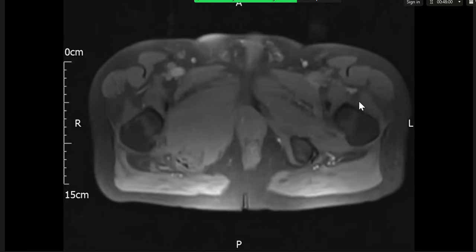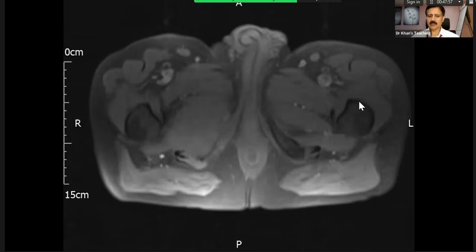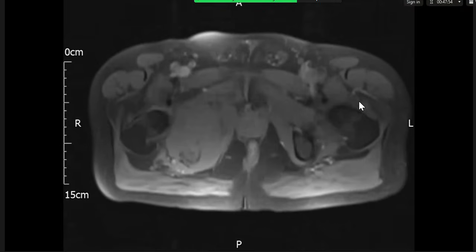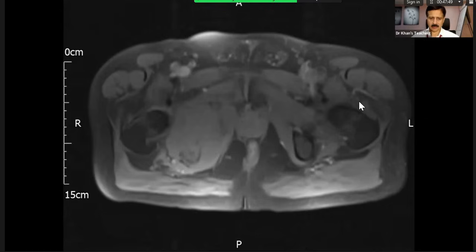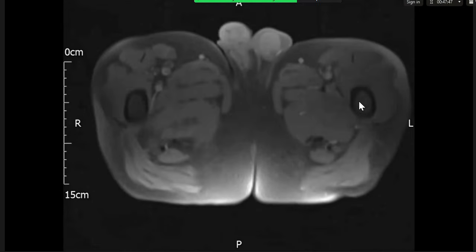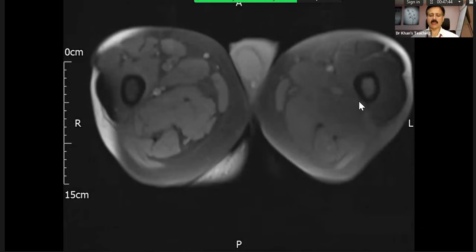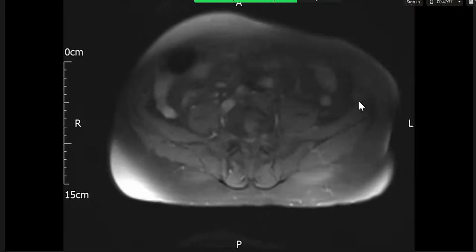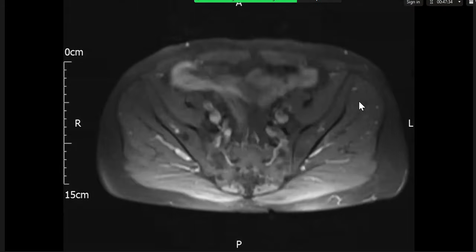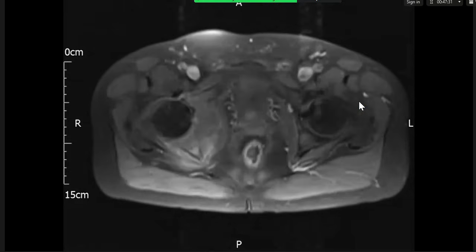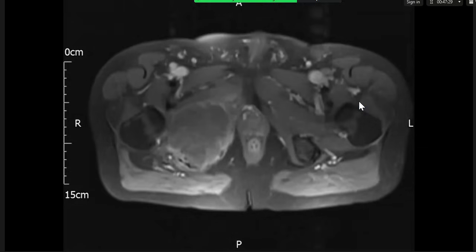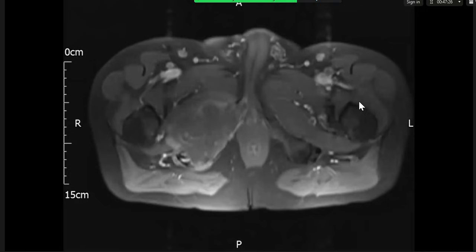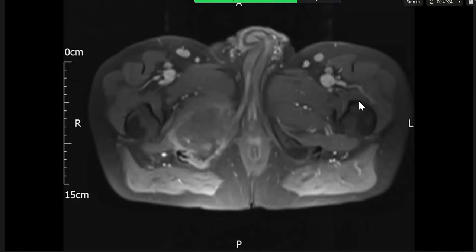This is a fat-saturated contrast-enhanced study, so fat-saturated pre-contrast. You know, in MSK imaging, whenever you want to give contrast, you have to do a pre-contrast fat-saturated so that you can compare it, right? So this will be the post-contrast, and in comparison, there is heterogeneous and predominantly peripheral enhancement with some septational enhancement.